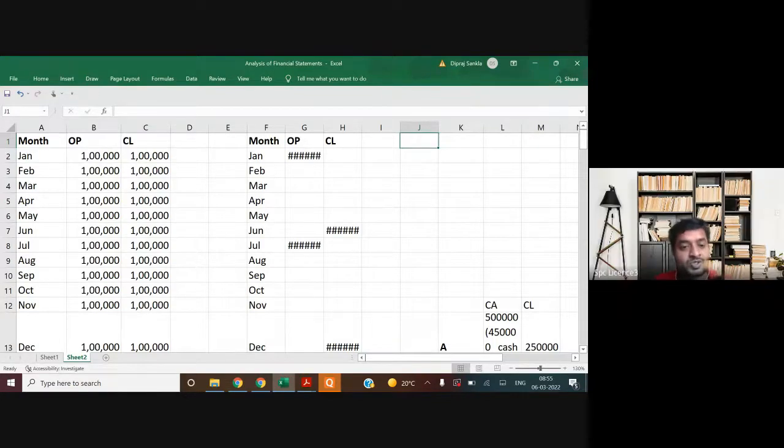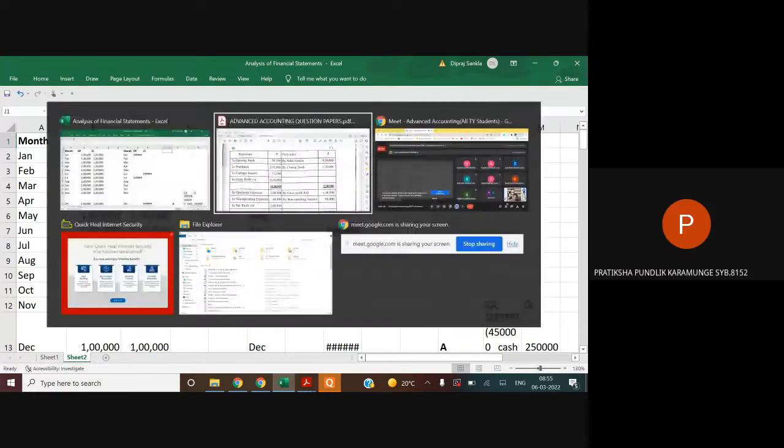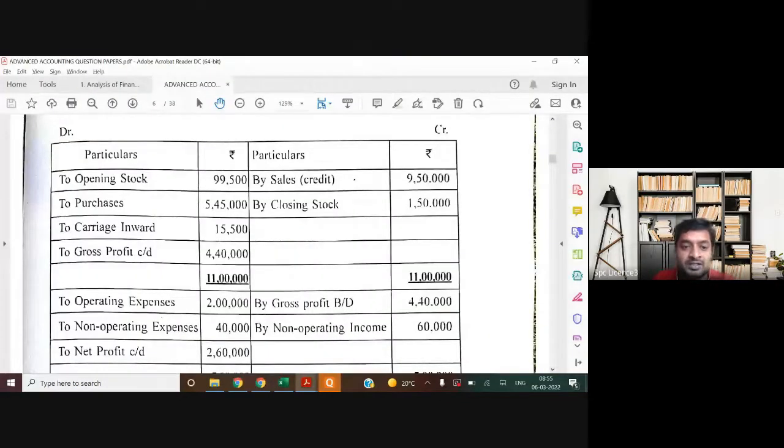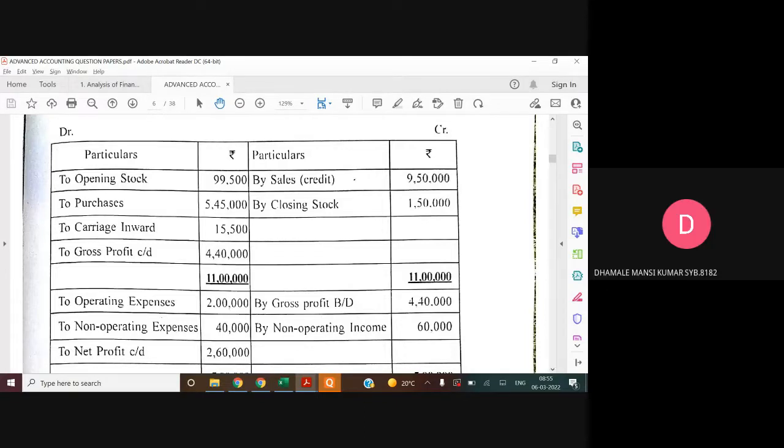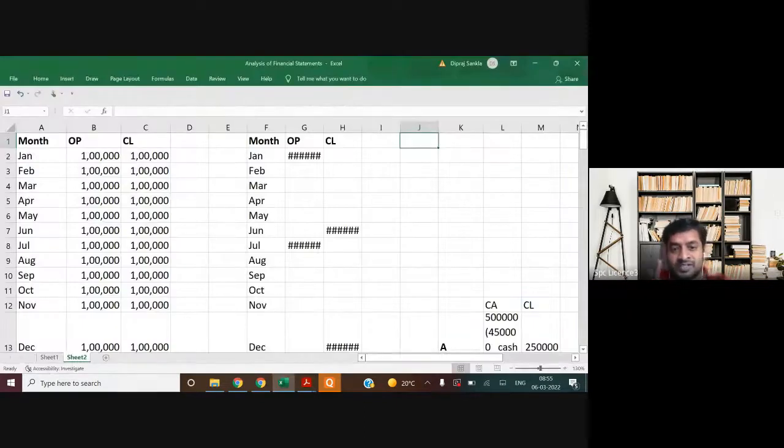Very good. Cost of goods sold is closely related to stock because we record stock at cost price only. At what price is it recorded here? Opening stock and closing stock are at cost value only. So always keep in mind that when you are computing the stock turnover ratio, turnover means cost of goods sold. Is it okay?